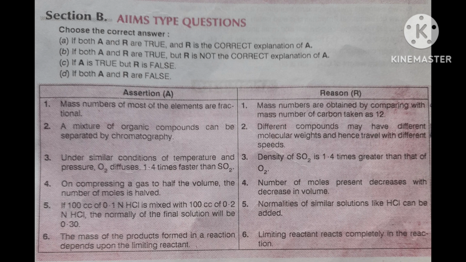Again, one more time: a mixture of organic compounds can be separated by chromatography. This is the assertion. Reason: different compounds may have different molecular weight and hence travel with different speeds. Think, what should be the answer?